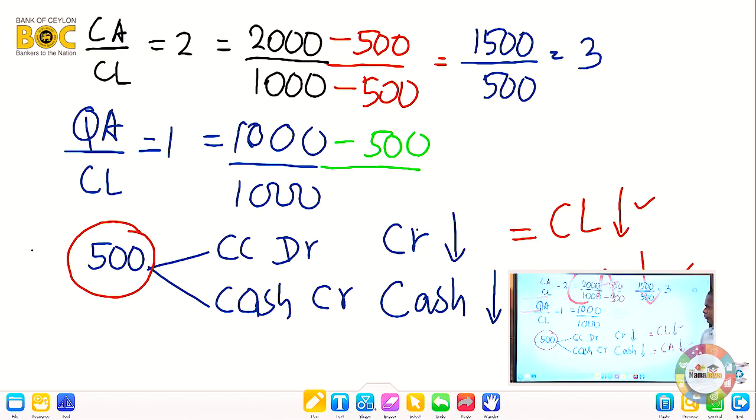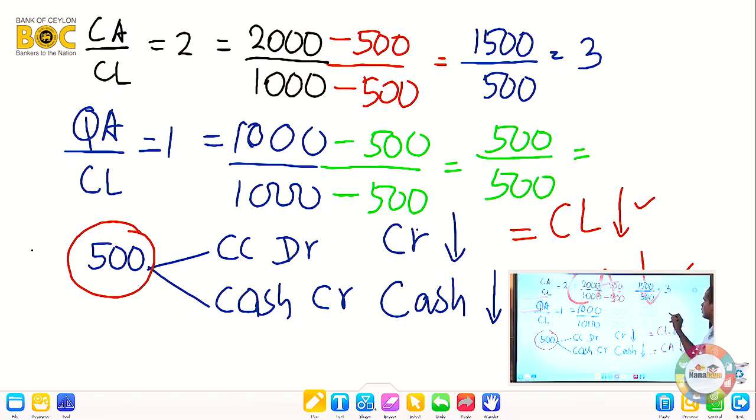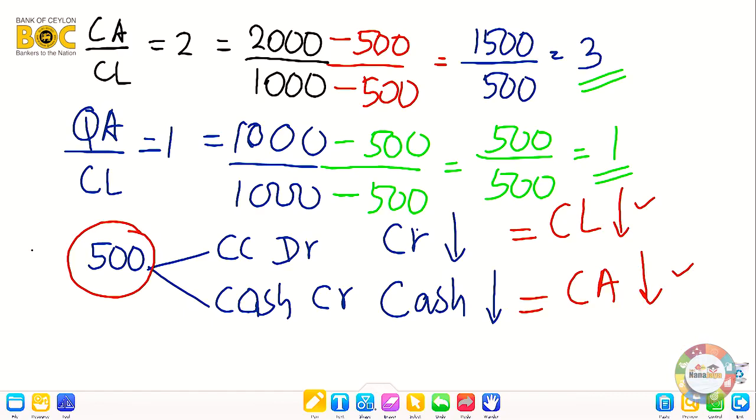Current liabilities, creditors, decrease by 500, leaving 500. Now 500 over 500 is 1.